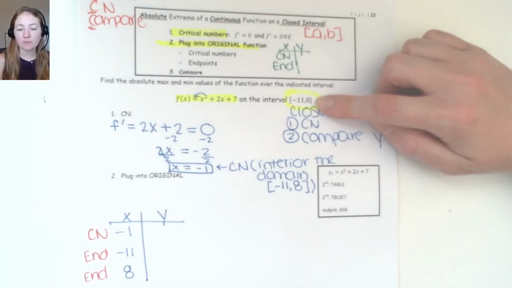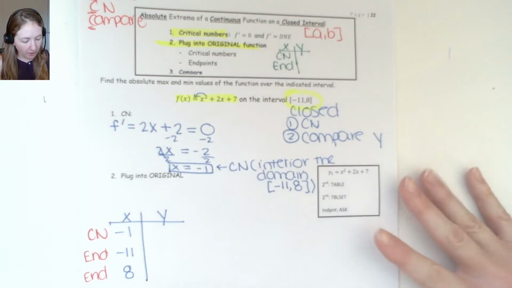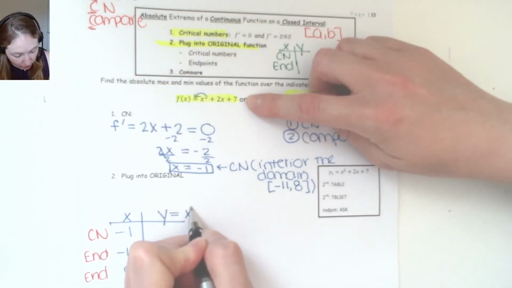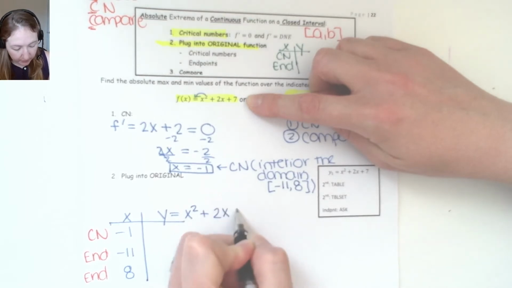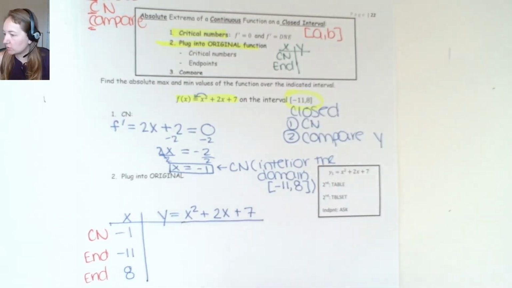So they come from that square bracket quantity. Now, here's the deal. We are comparing y values. We are trying to find the height of the graph. So we are simply going to plug into the original function. We are not plugging into the derivative. We are plugging into the original function because we're trying to find that height of the graph.